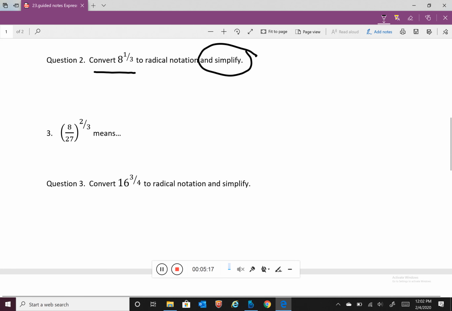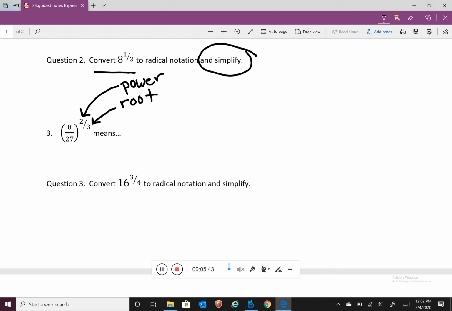Next example. We need to understand what 8 divided by 27 all raised to the 2/3 actually means. So 2 again is in our numerator, so that is the power. And 3 is in our denominator for our fractional exponent, so that is the root.